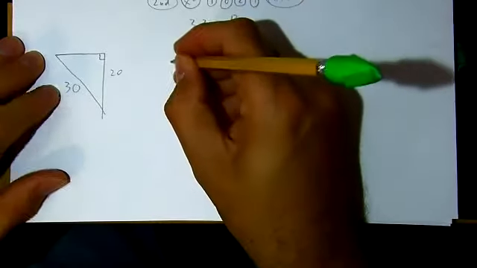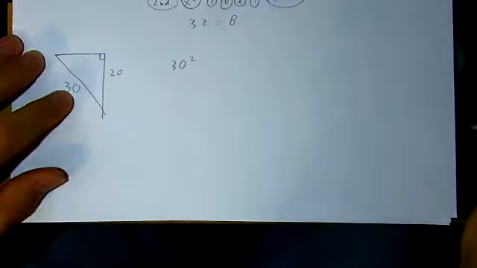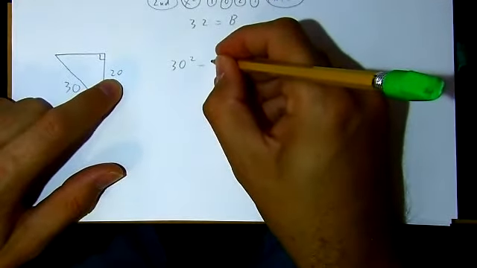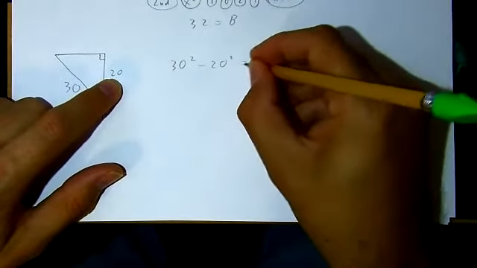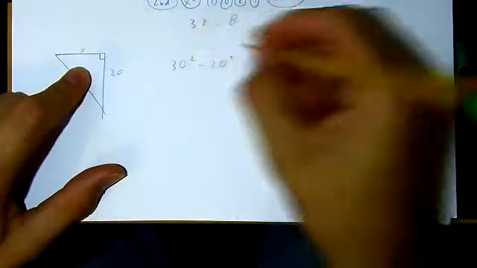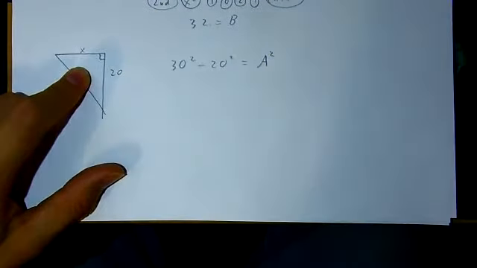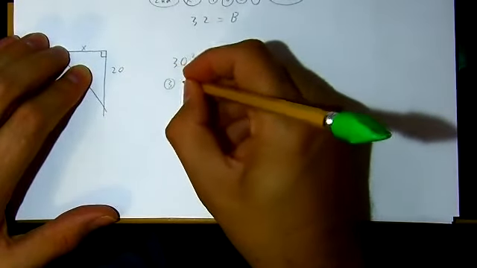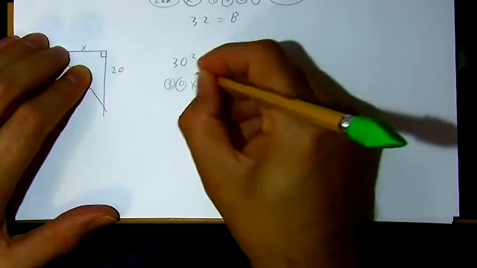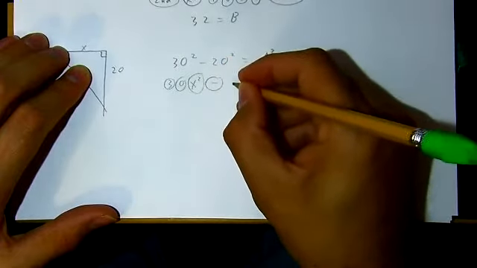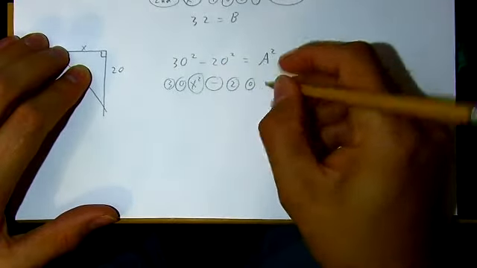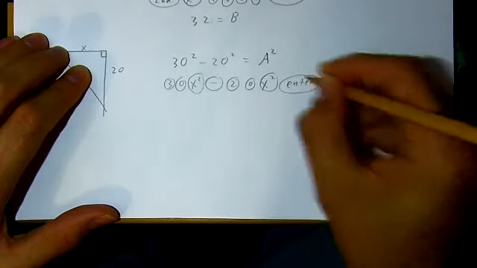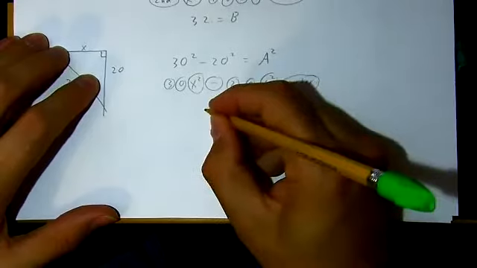So we start off with C, subtract, we'll say B this time, and that gives us our A. So punch that on the calculator, 30 squared minus 20 squared, enter. And that will give you 500.